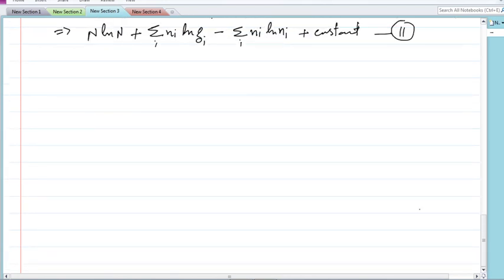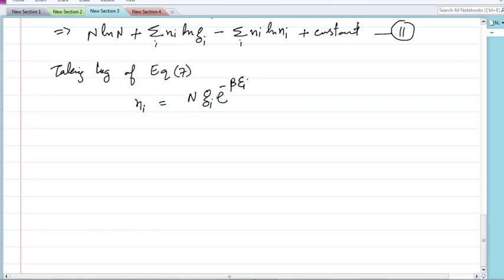So if we take equation number 7 here, taking log of equation 7, which is basically, I will write it here once again, ni is equal to N gi e raised to the power minus beta ei upon q, because e raised to the power minus alpha is basically equal to N upon q. We have done this.